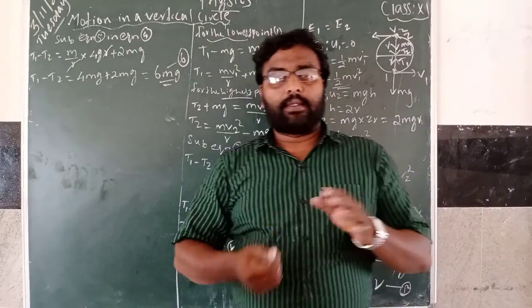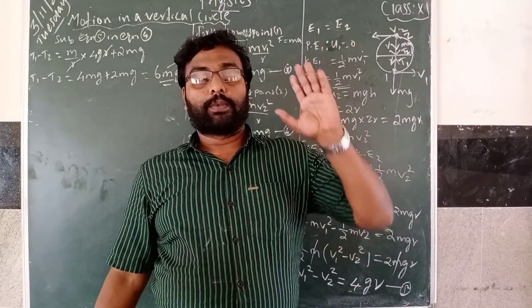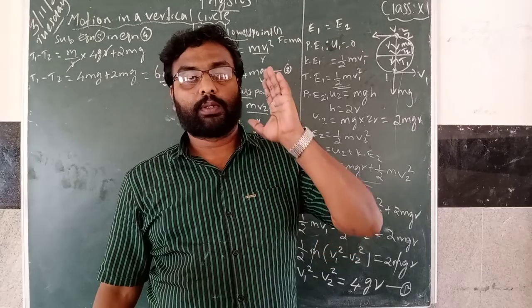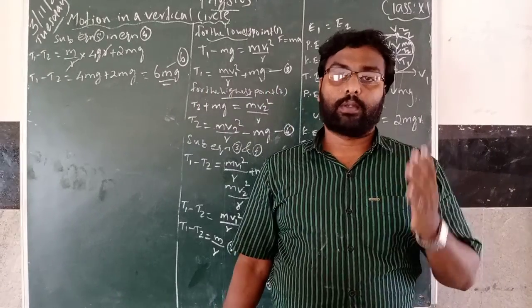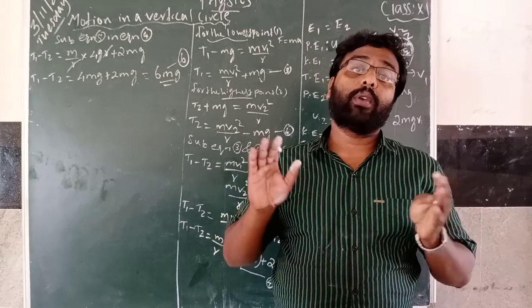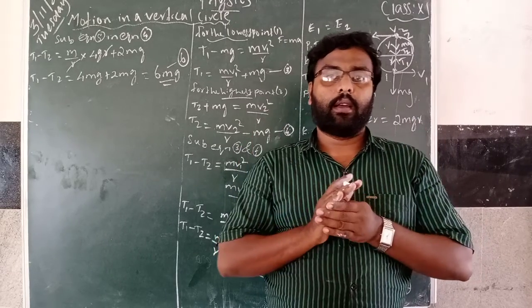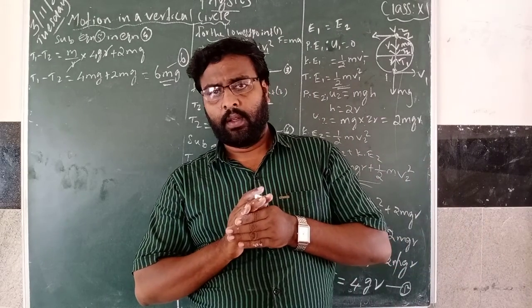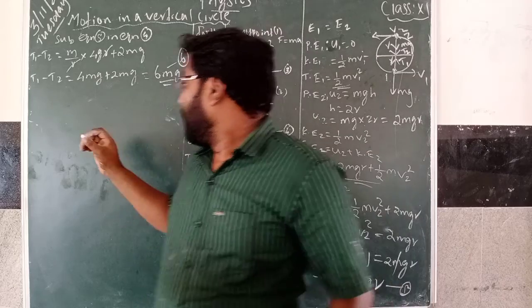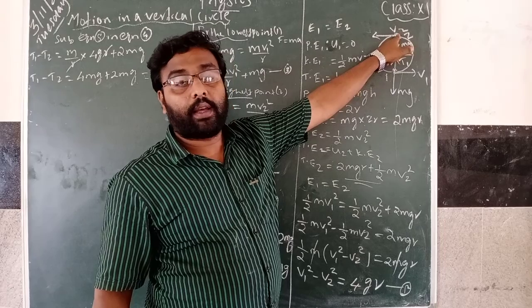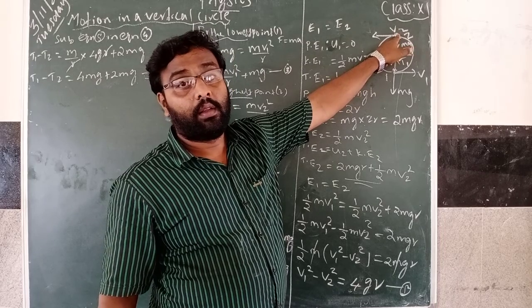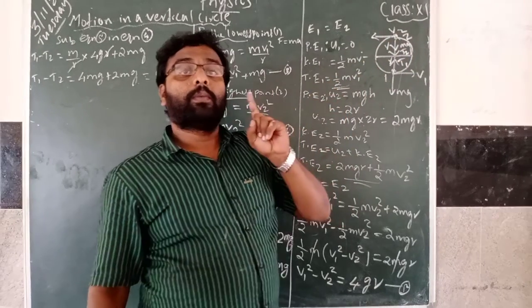Now it is easy to find out the minimum speed at the highest point and the minimum speed at the lowest point. So now you can find out the V1 and the V2 easily. The thing is, when the object is at the highest point, there will be some minimum speed.